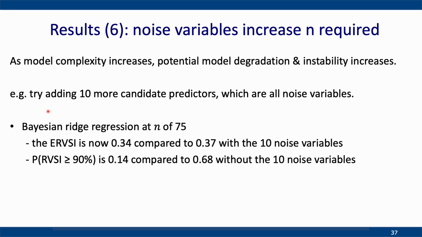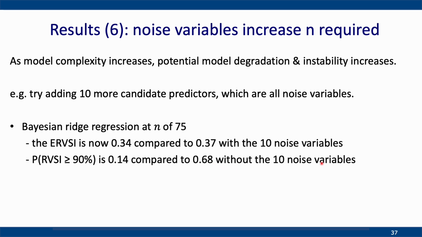Just to demonstrate that, let's try adding 10 more candidate predictors, which are all noise variables, into my modelling. And again, we use a sample size of 75. The expected relative value of sample information is now 0.34 compared to 0.37 without the 10 noise variables. And the probability of getting a net benefit of 90% or more is now 14% compared to 68% without the 10 noise variables.